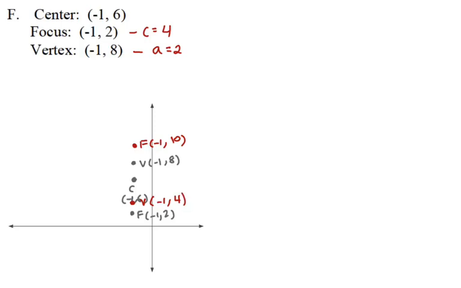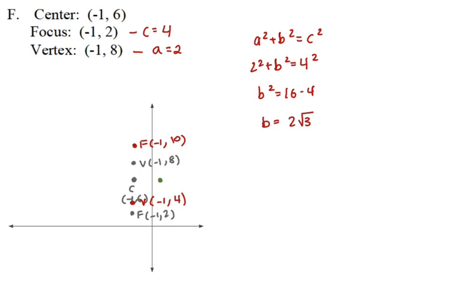All right, a squared plus b squared is equal to c squared. 2 squared plus b squared is equal to 4 squared. So b is equal to the square root of 12, which is going to simplify to 2 root 3. All right, so that conjugate axis then, we go left and right 2 root 3.